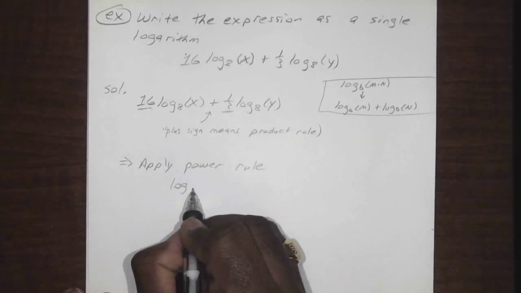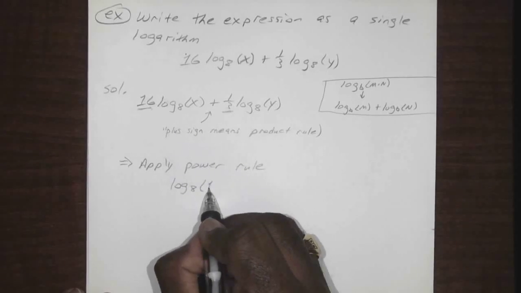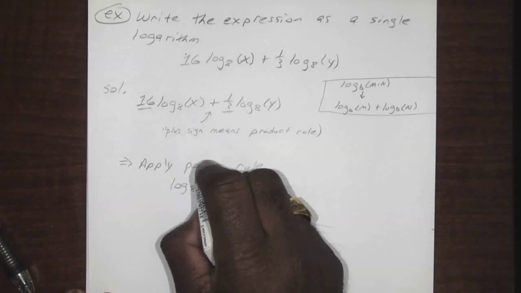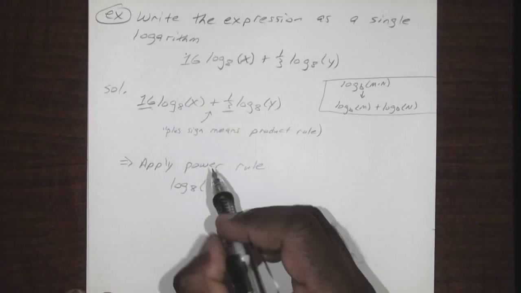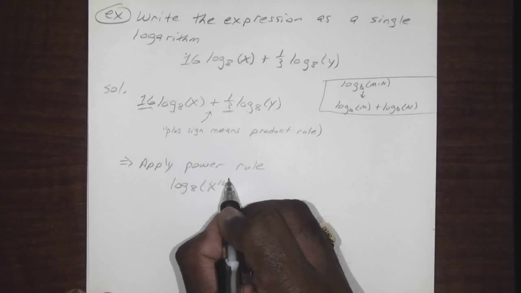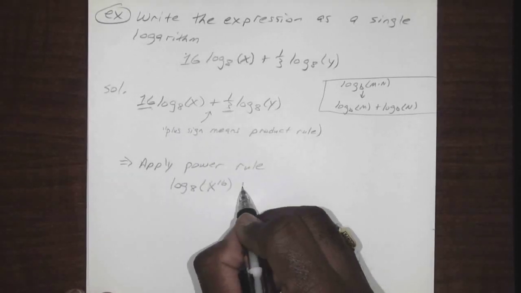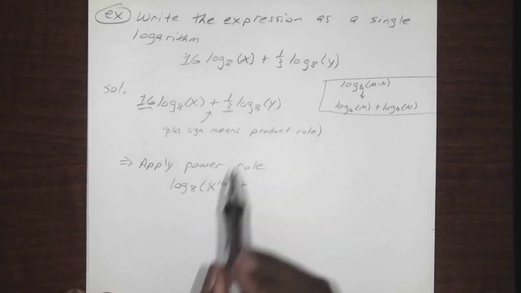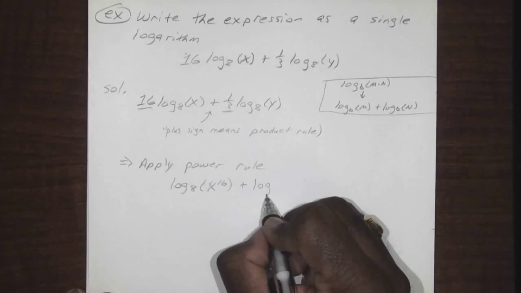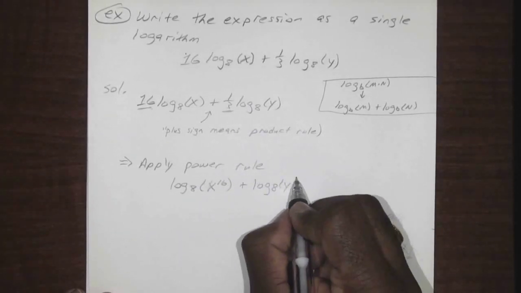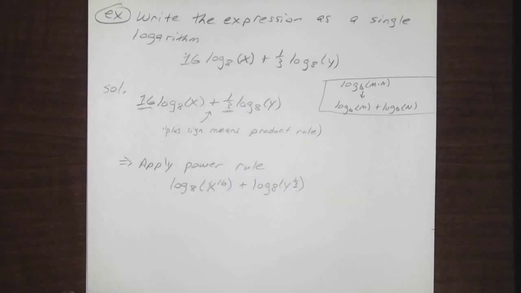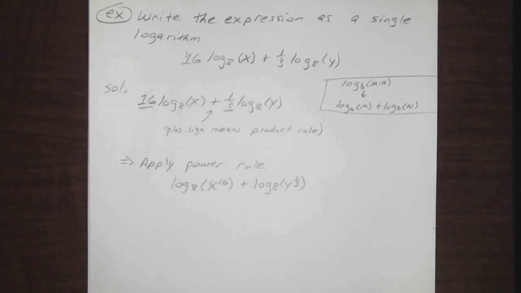So you have log base 8 of x to the 16th power plus log base 8 of y to the 1/3. Okay. So now we don't have those coefficients. Now we can apply the product rule.